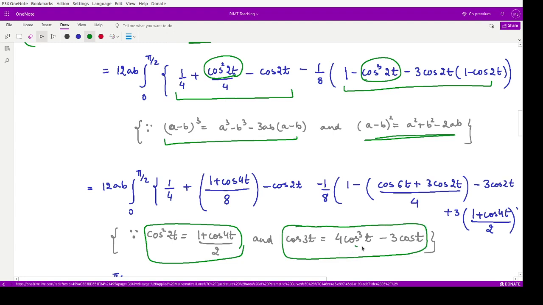So from here I have calculated the value of this one in terms of this and this. It would now become cos 6t, because the angle here is 2t. If the angle is t, it is 3t and t. If the angle here is 2t, it would be 6t and 2t, right? So substituting this value here and this value here, I have these expressions.